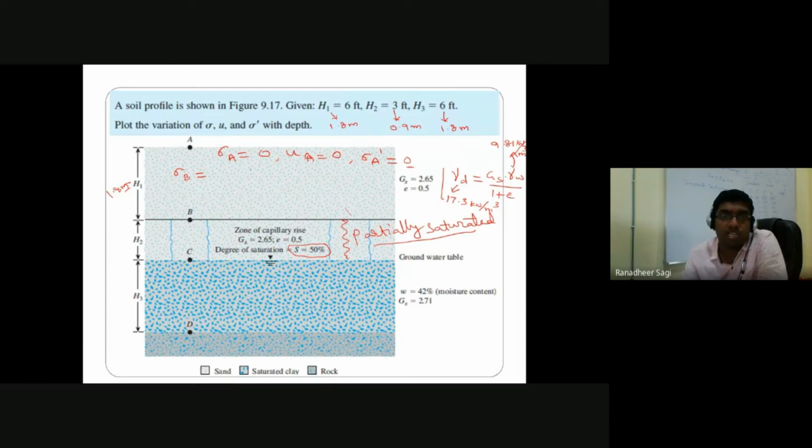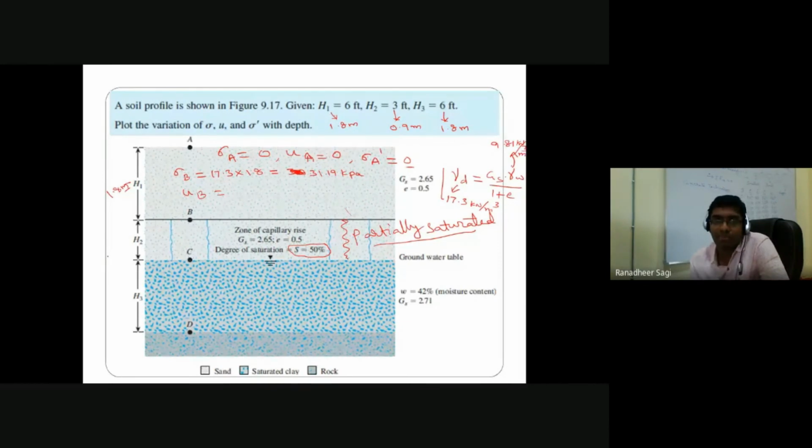So once I know the dry density of that soil layer 1, the total stress at point B is nothing but 17.3 into what is the depth of that soil strata 1 in meters? It's 1.8. Next, the pore water pressure at point B. Now, how much is my pore water pressure at point B?